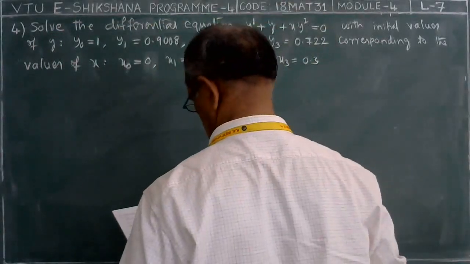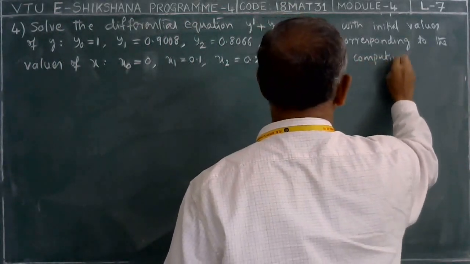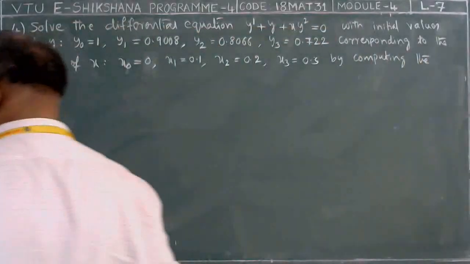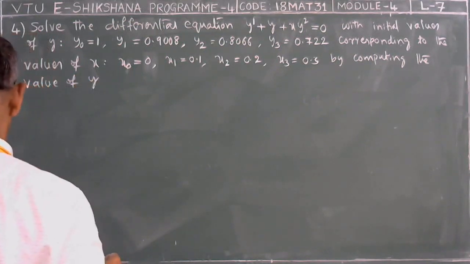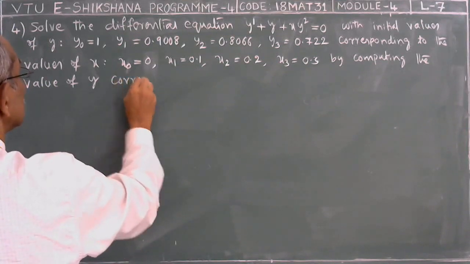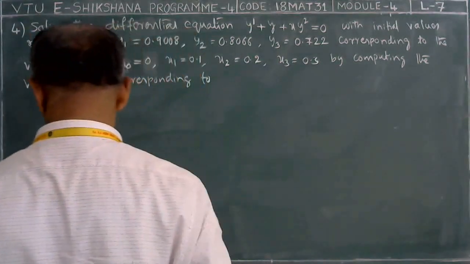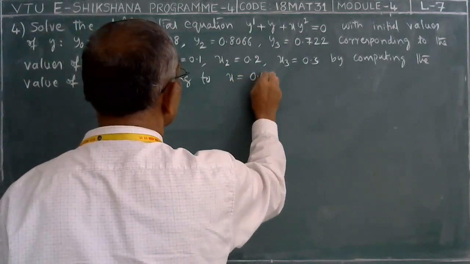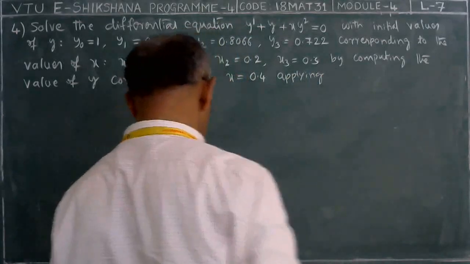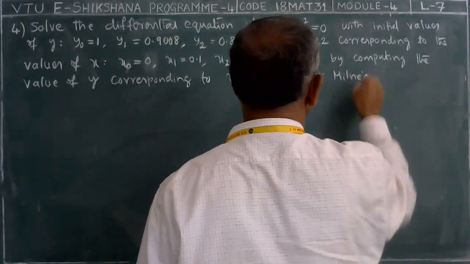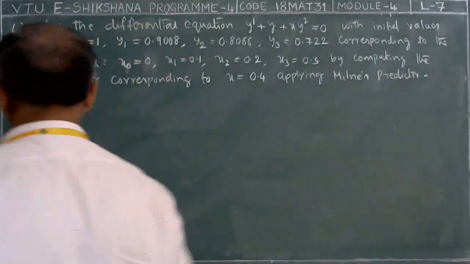By computing the value of y corresponding to the value of x at 0.4, applying Milne's predictor corrector method.